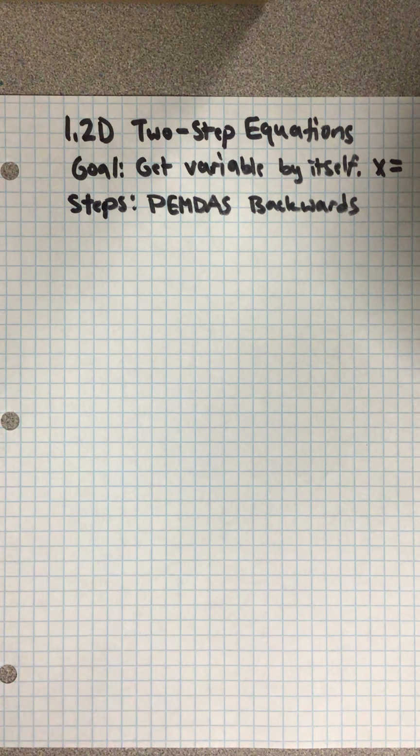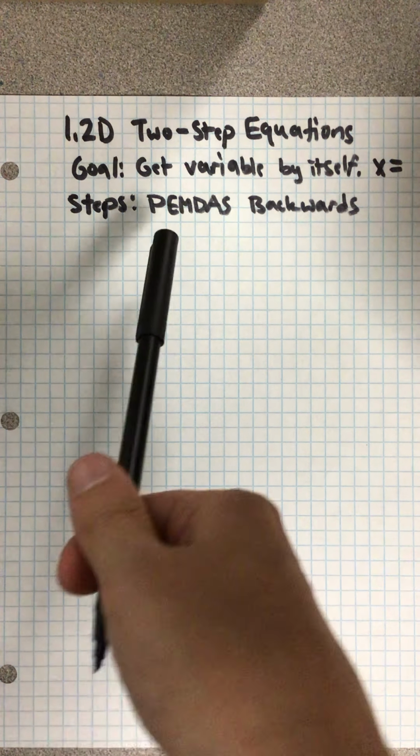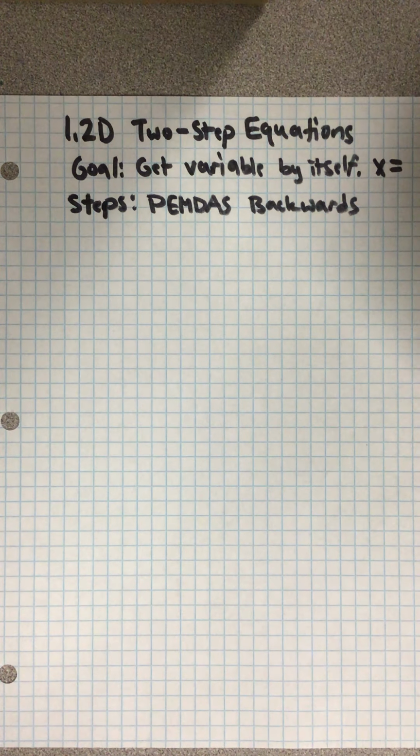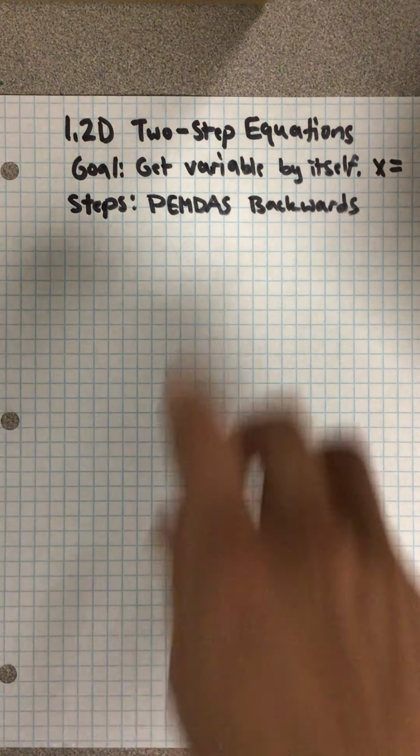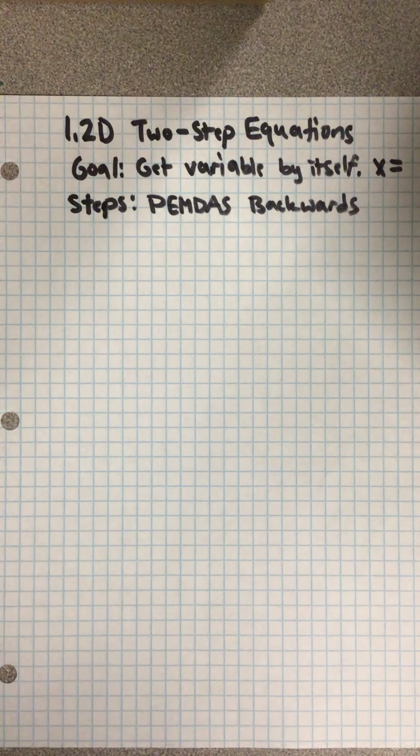So like in yesterday's notes 1.2c, you will want to distribute and combine like terms before you go ahead and do this part backwards. But that's essentially what it is after you do the distribution and combining like terms. Occasionally, not frequently, but occasionally we might end up not following this rule exactly. So this is more of a suggestion than a hard and fast rule. And over time we'll start to see more examples where that might be the case.